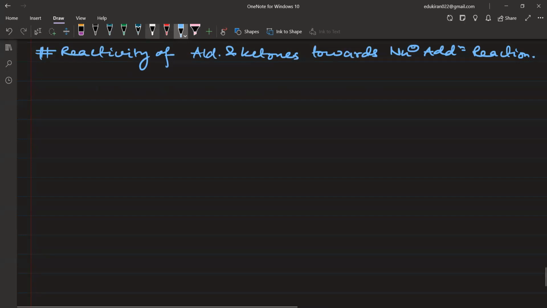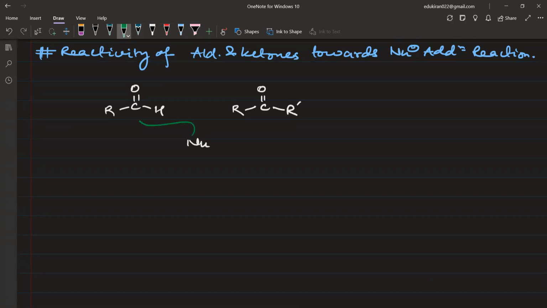Now, let us look at the structure of aldehyde. This is R, C double bond O, hydrogen, and ketone is R, C double bond O, some other group R dash. You have a nucleophile, and this nucleophile is going to attack on the carbonyl carbon of aldehyde and on the carbonyl carbon of ketone.